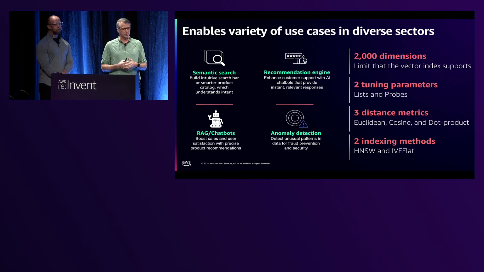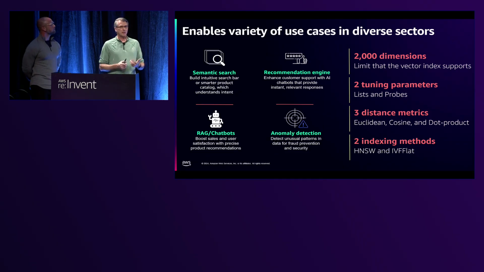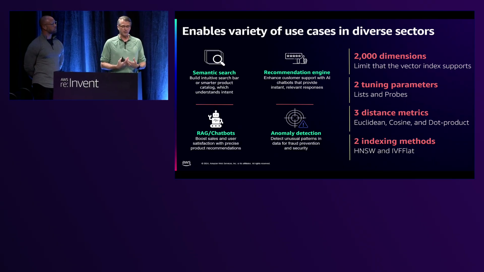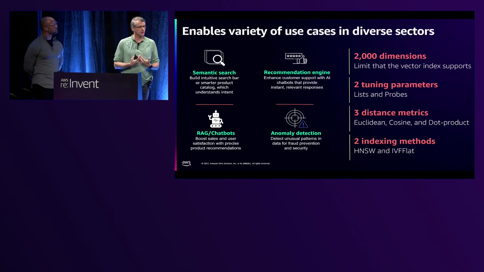First is semantic search, for more intuitive searching, smarter product catalogs, recommendation engines, and anomaly detection. We see this a lot in financial industries. And then lastly, retrieval augmented generation, or chatbots, like I walked through in the architecture earlier. So these are a good fit for DocumentDB.